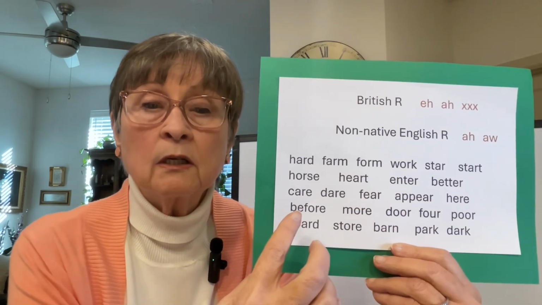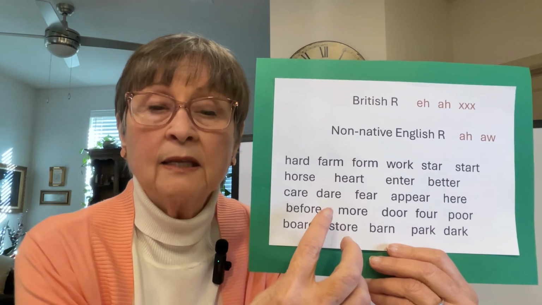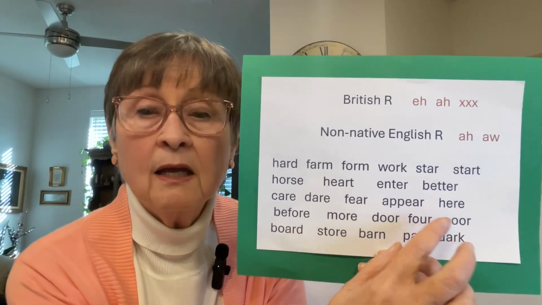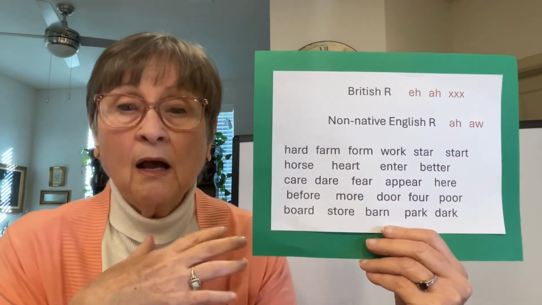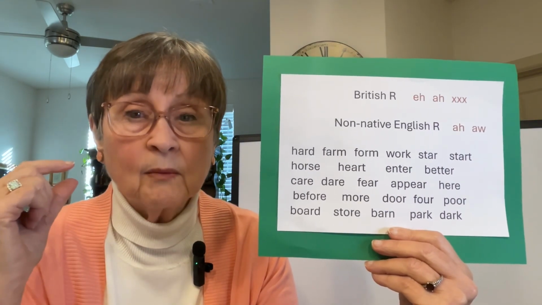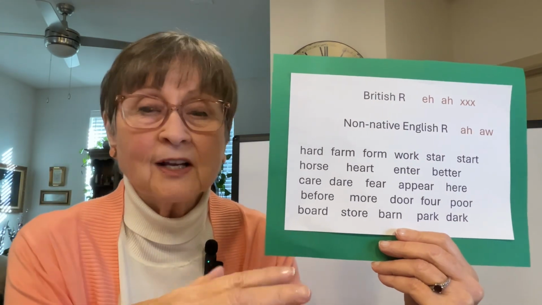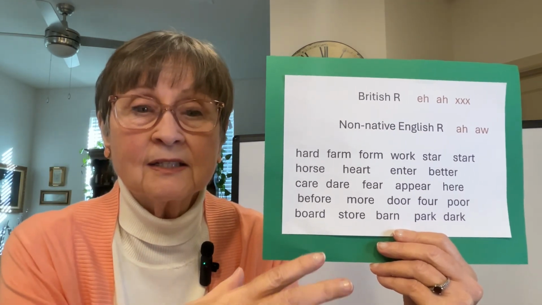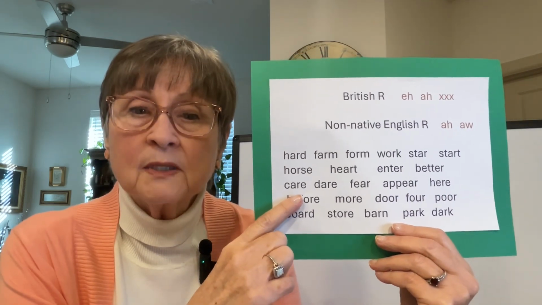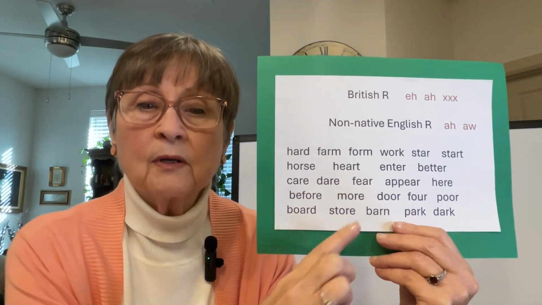But in British English, care, dare, fear, appear, hear. Now, I'm not a British English speaking person, so I may not be getting it quite right, but you can hear the difference. I apologize. I love British English and I love to listen to it. But American English is different when we say an R toward the end of a word.